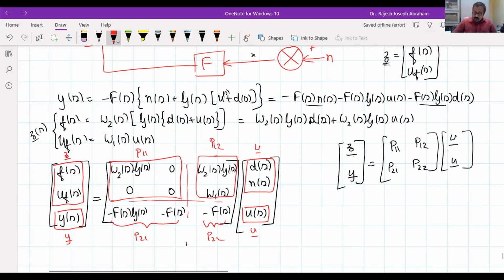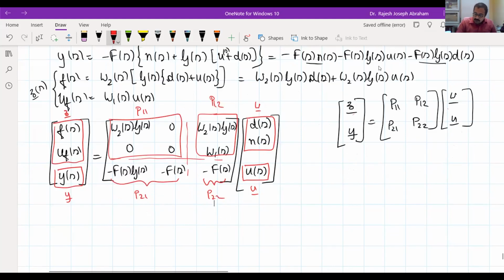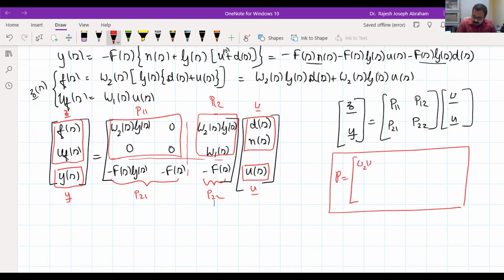Fine. So if you want to draw it in standard form, what do you do? Here is our nominal plant P. I can write it like this: W2(s) G(s), 0, minus F(s) G(s); 0, 0, minus F(s); W2(s) G(s), W1(s), minus F(s).